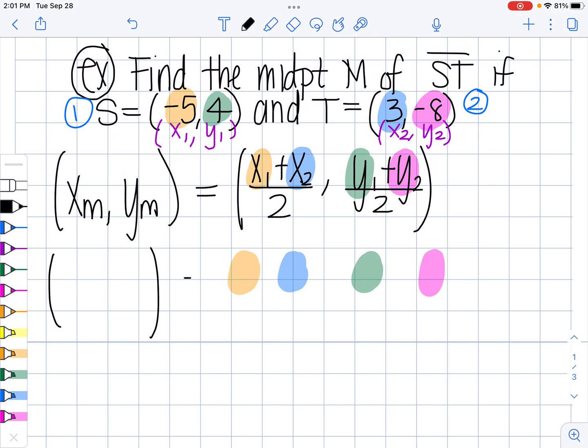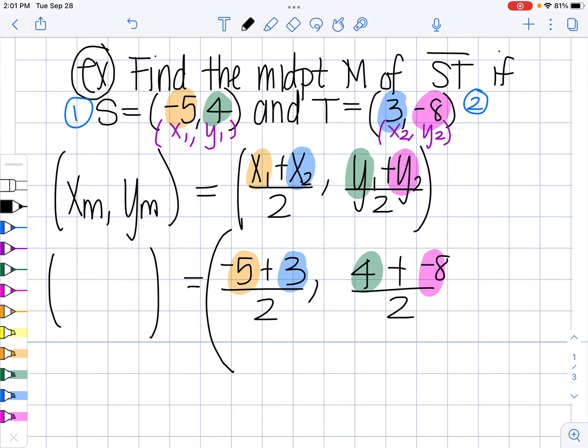So I get this: (-5 + 3)/2, and (4 + -8)/2 is going to equal what my midpoint is. So I'm trying to find what is xm and ym.